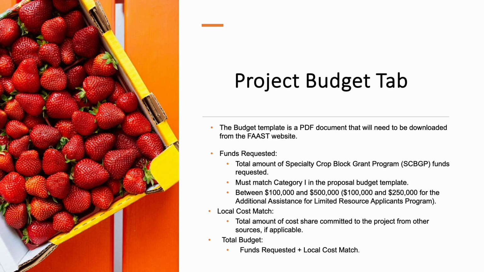An example of an in-kind contribution would be someone working on your project who is not paid. You would estimate the value of their in-kind contribution based on what they would typically be paid for similar work. Cost share is not required. Also, note that this amount does not get reported on the budget template. And lastly, under total budget, enter the sum of the funds requested and the local cost share.